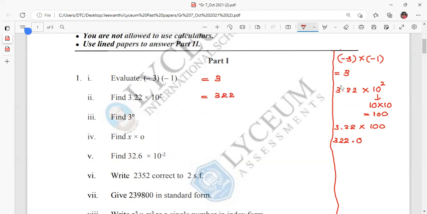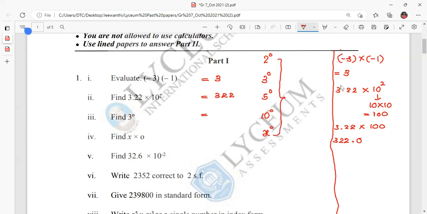Hope it is clear. And the third question, I don't want to have any working: 3 to the power 0. So I will recall the theory behind this. 2 to the power 0, 3 to the power 0, 5 to the power 0, 10 to the power 0, x to the power 0. Anything, any base value, right?